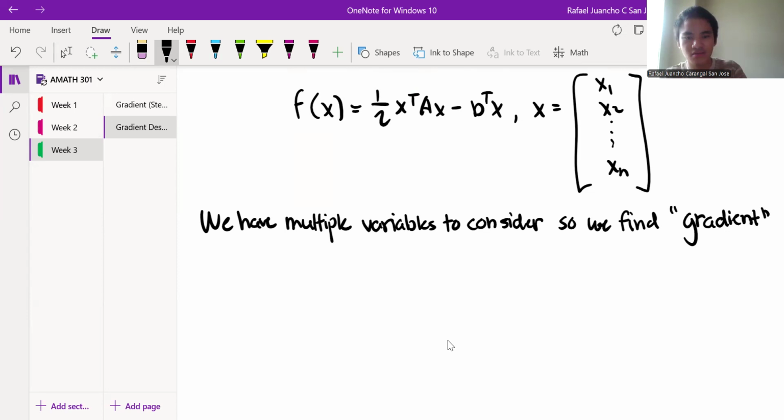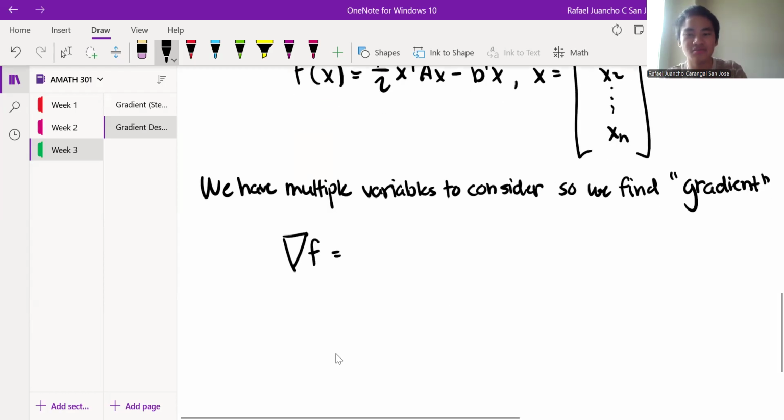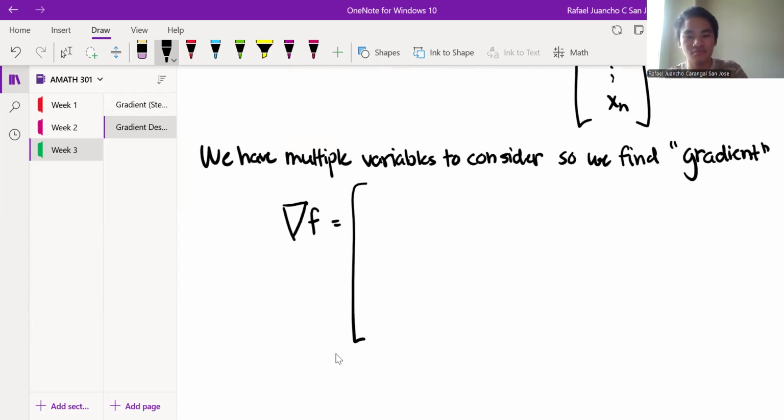So let me go ahead and do that. The gradient of my function, well, here we just take partial derivatives with respect to each variable that we have.